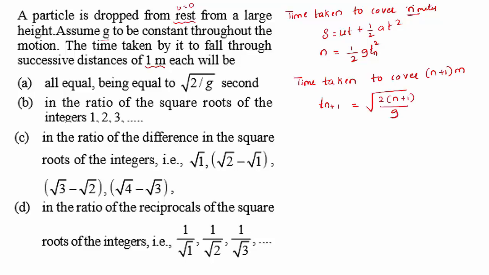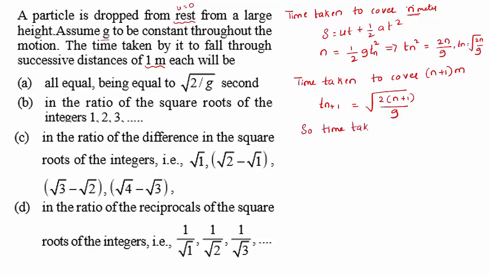How did we get this equation? From the above equation, Tn square equal to 2n divided by g, or if you want Tn, we can write Tn equal to root of 2n divided by g. In place of n, in the second condition, I can write n plus 1.